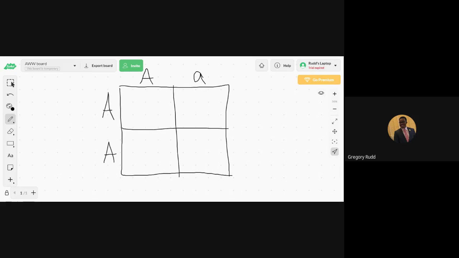Now I need to do my crossing. So this A is going to go here and here. This A is going to go here and here. This A is going to go here and here.